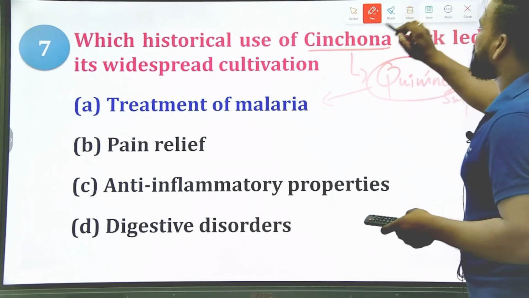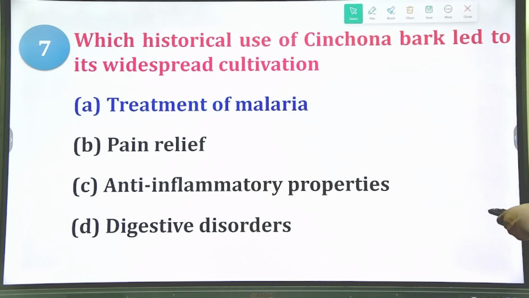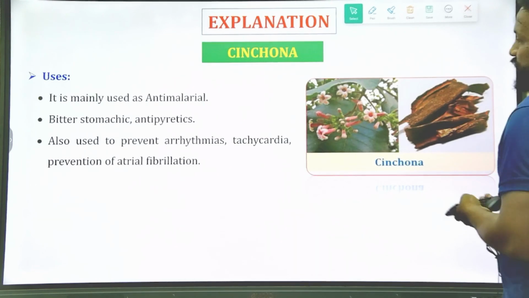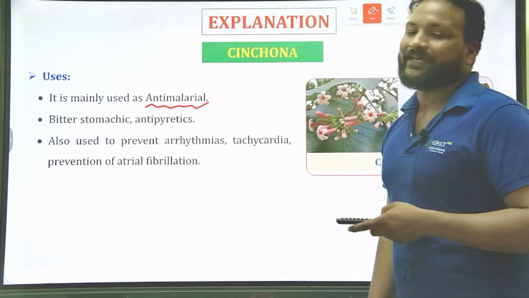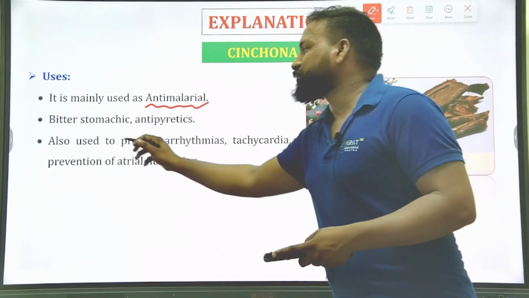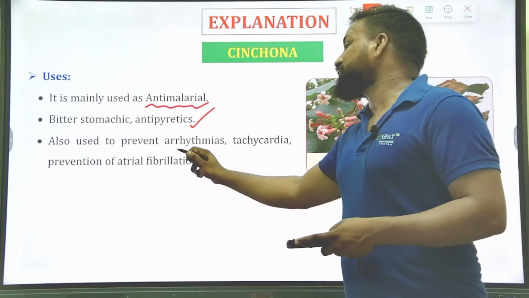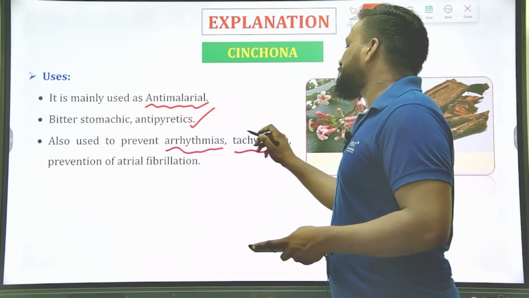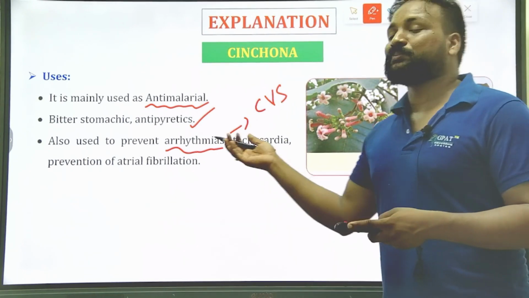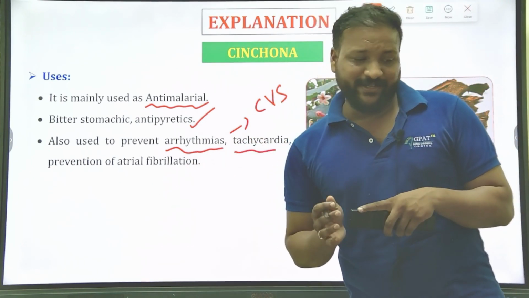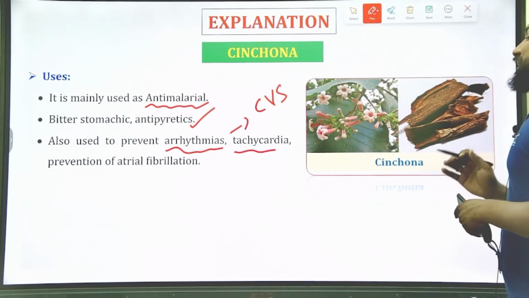Clear? From long back it was used as an anti-malarial drug. So cinchona's main use is anti-malarial, and apart from that it is also used as a bitter stomachic, antipyretic, and to prevent some arrhythmias and tachycardia, which means it has application in the CVS as well, and to prevent atrial fibrillation. Clear? Yes, I think it's clear.